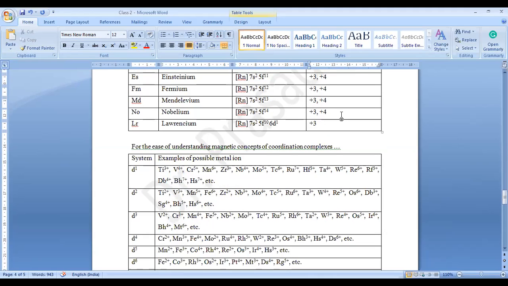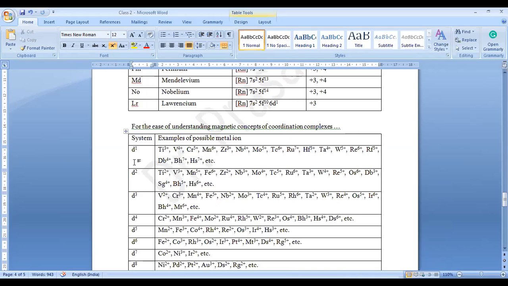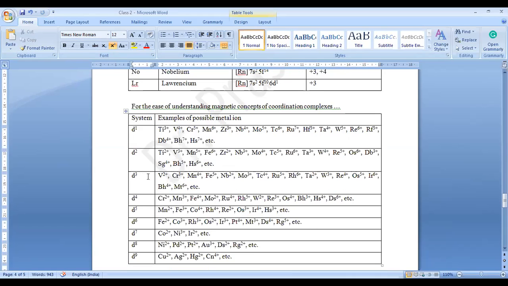Now we take the d system for our consideration, to understand the magnetic properties. It is easy to say d1 system, d2, d3, d4, d5, d6, d7, d8 or d9. If I say Ti3+, we should immediately remember that it is a d1 system, that is, its outermost orbital has one electron. Therefore, while connecting to the molecular orbital, whether electron pairing takes place, all those things become easy for us to understand.